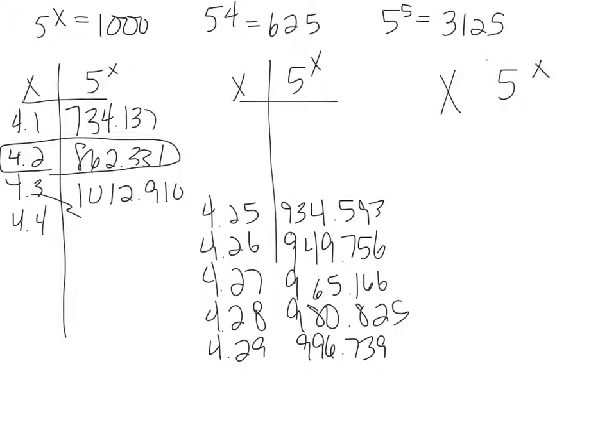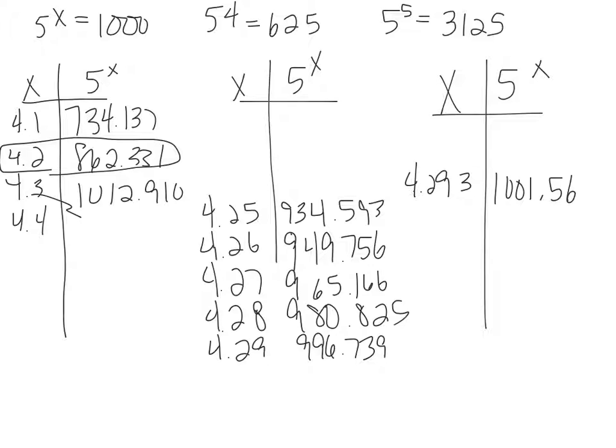X, 5 to the x. 5 to the 4.293. There's no right where to start. I mean, you can guess and go up or down if you've overestimated.